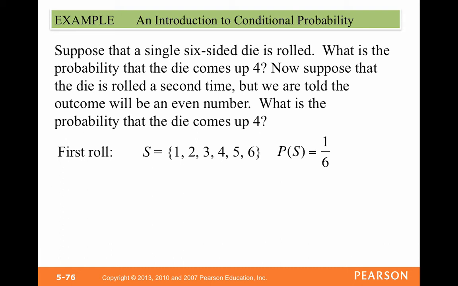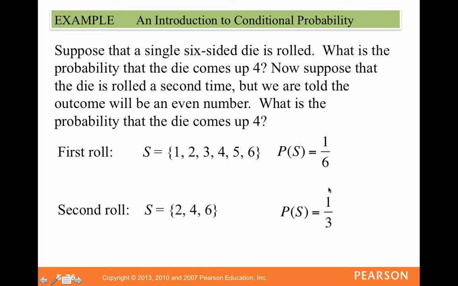So these are the two events. If we know it's an even number, then the sample space is that the die could be a 2, 4, or a 6. Those are the three even numbers on a die. The occurrence of that event changes the probability that the die comes up four, because now we're looking at 1 event out of 3.